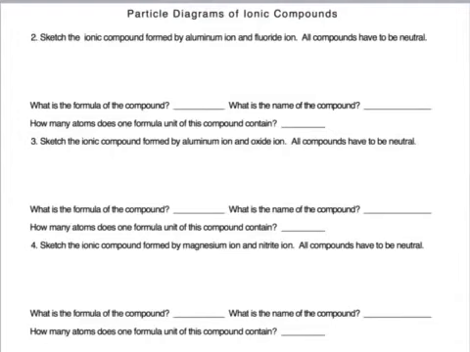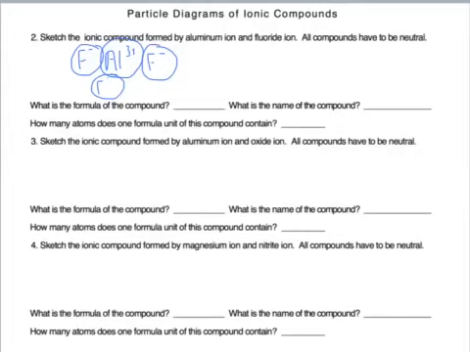So we're going to start with aluminum ions. So we have an Al3+ inside of a circle, and then a fluoride ion, that's F-, but then that's not neutral, so we need another F-, still not neutral, another F-, and now it's neutral.